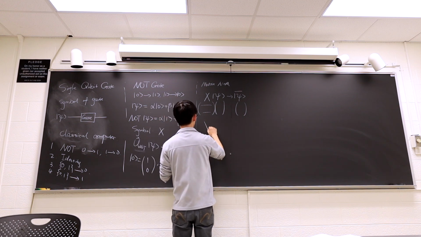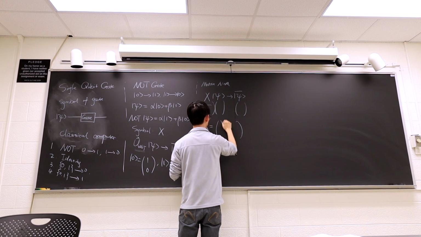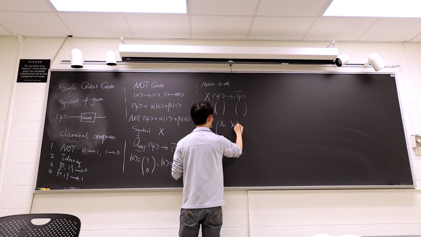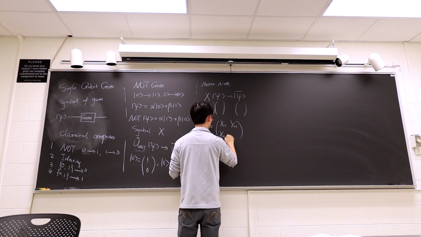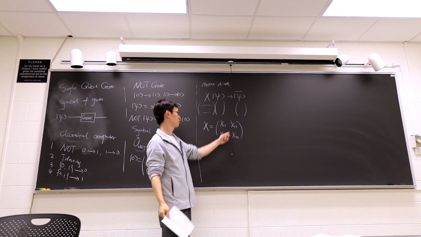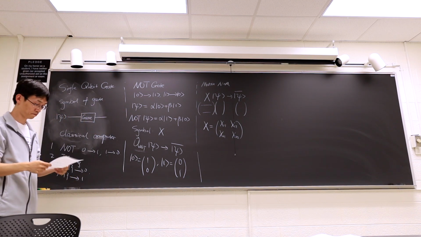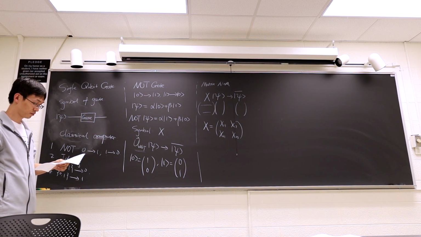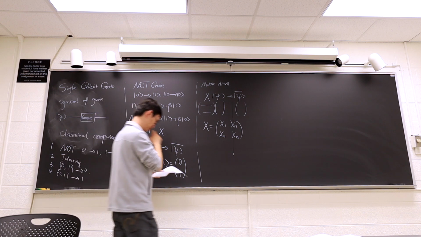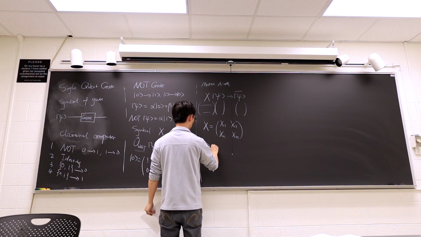So we know this is 2 by 2, and then you can write down the matrix components: x11, x12, x21, x22, the elements in your matrix. And then you can write down your input state.